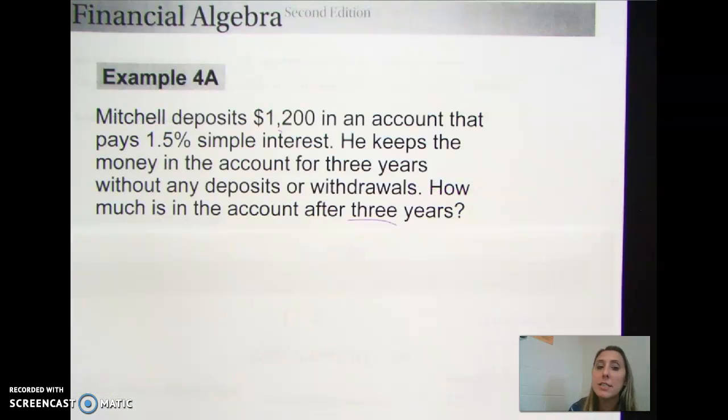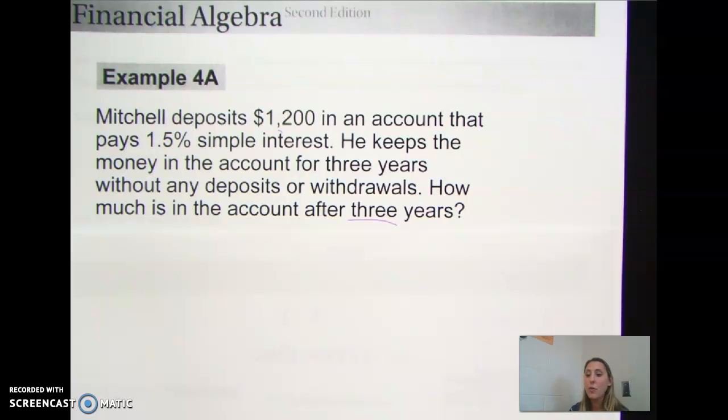So Mitchell's going to deposit $1,200 into an account that pays 1.5% in simple interest. He keeps the money in the account for 3 years, and he makes no deposits, no withdrawals. So how much money will be in his account after 3 years? This is kind of a two-part question, because simple interest only gives you the interest that is gained on that amount of money.